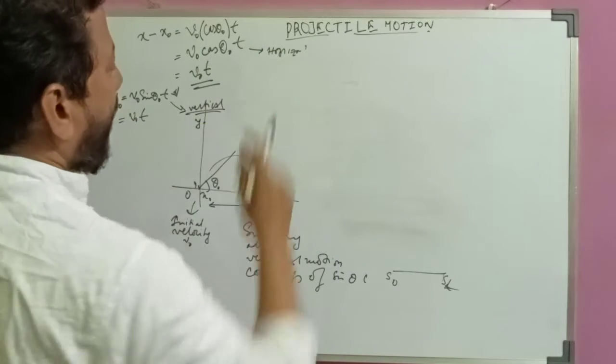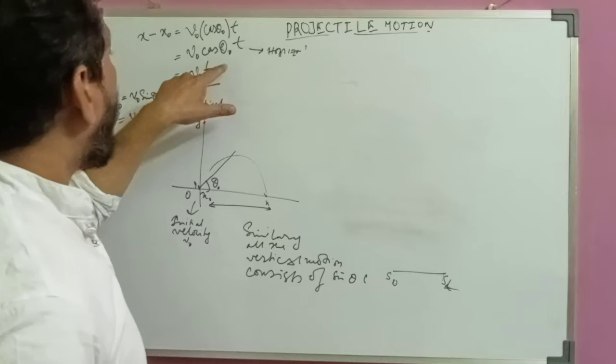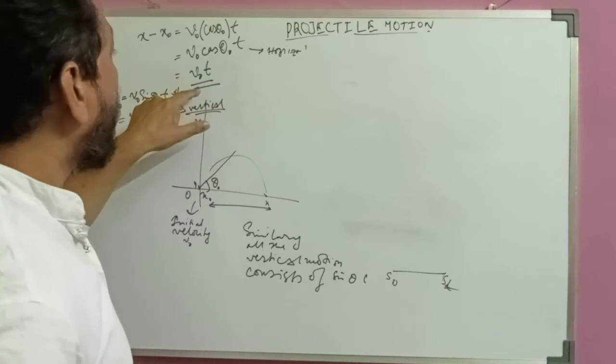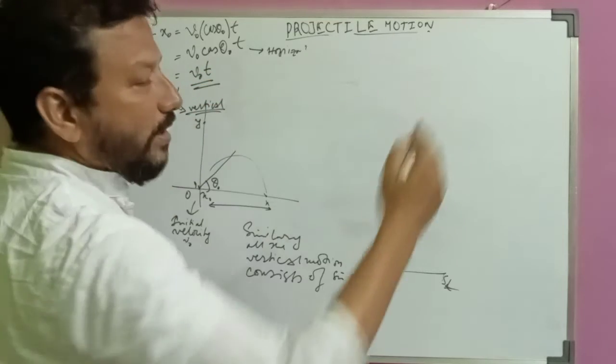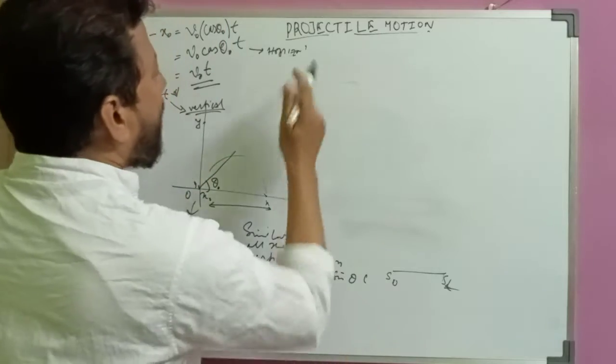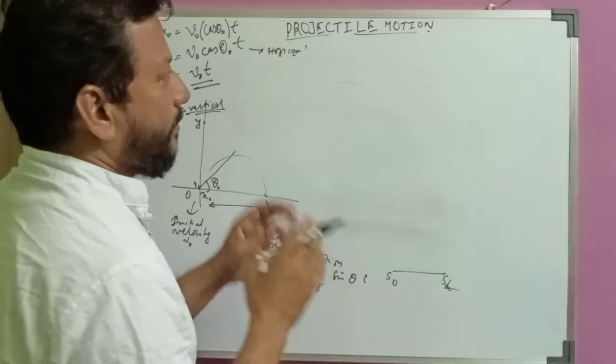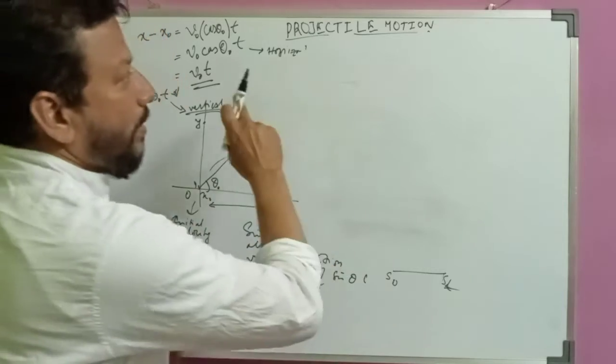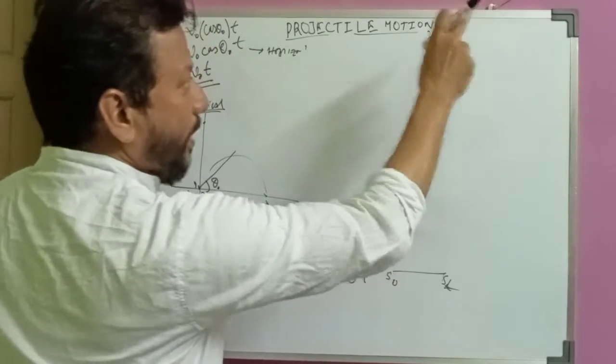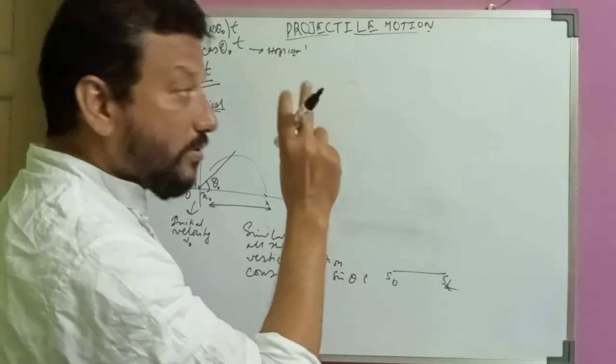So in the horizontal case we got this, but in the vertical case, always keep in mind, in the horizontal cases acceleration will be 0.